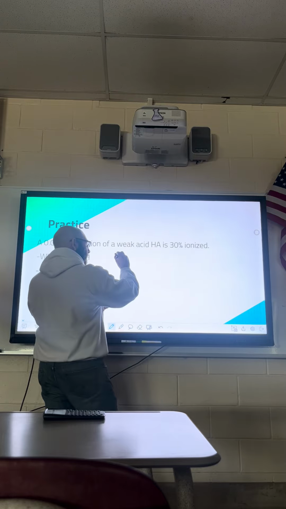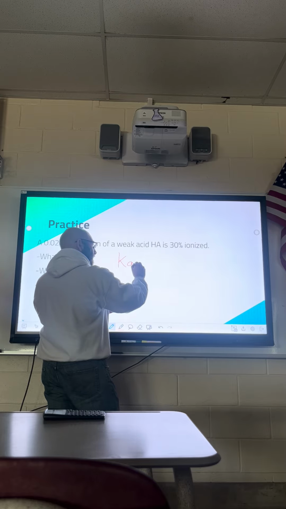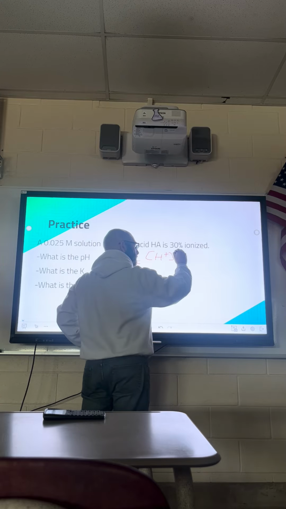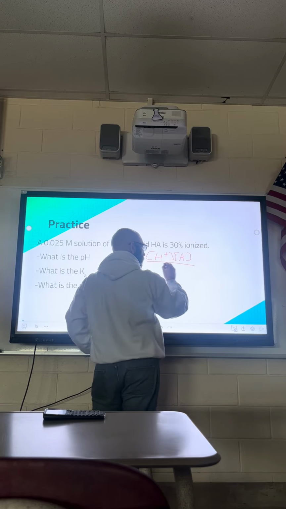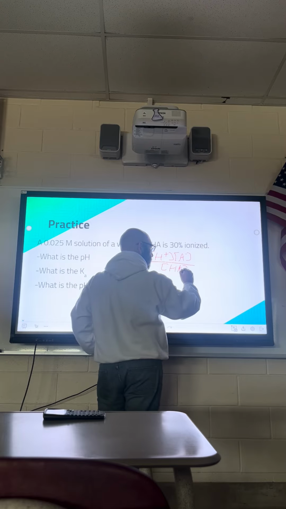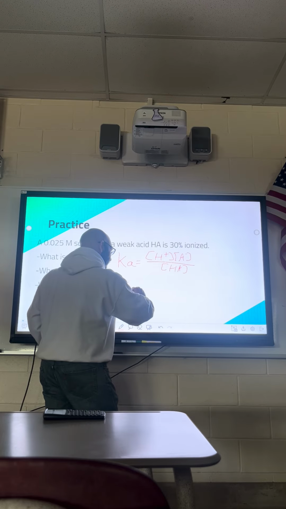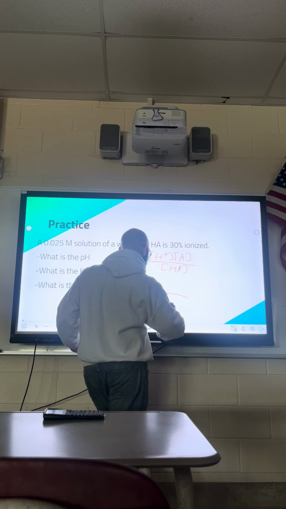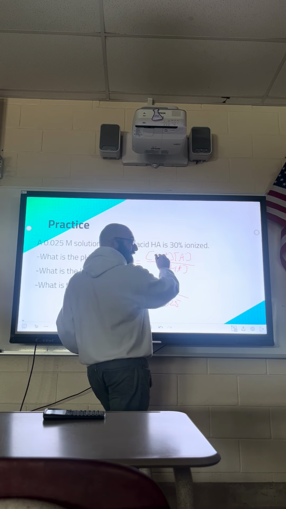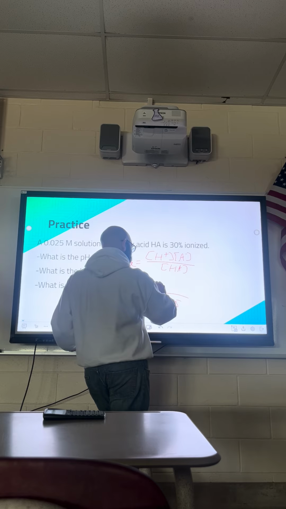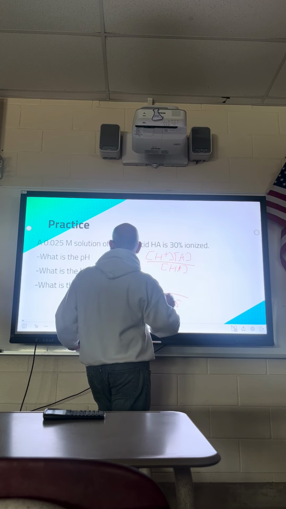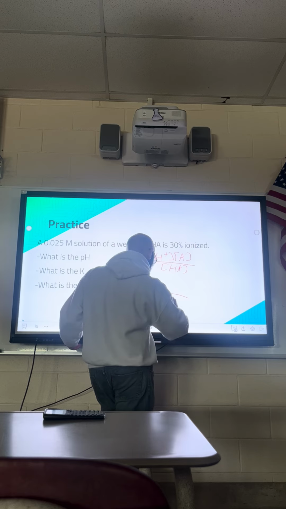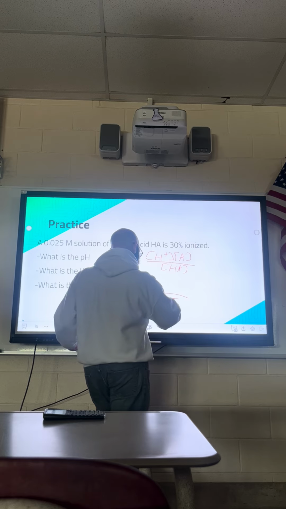So we can say Ka for any acid is H plus A minus over HA. Well, let's think about this. Ka, we know the bottom is 0.025, and we said H plus was 0.0075. Oh, I'm sorry, this is wrong. The bottom is 0.025, and this is 0.0075, my bad.